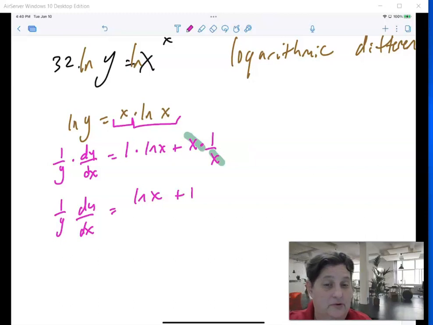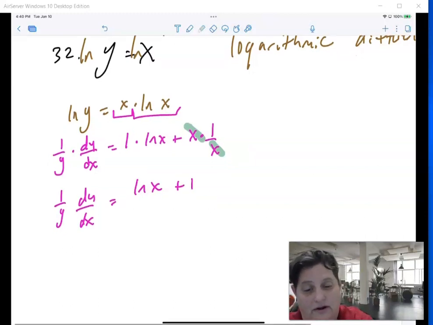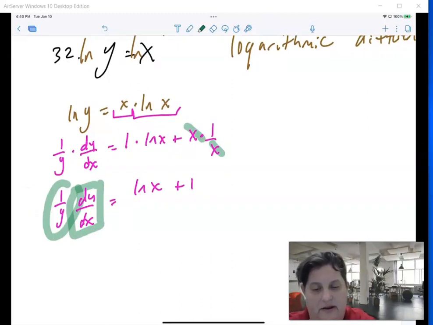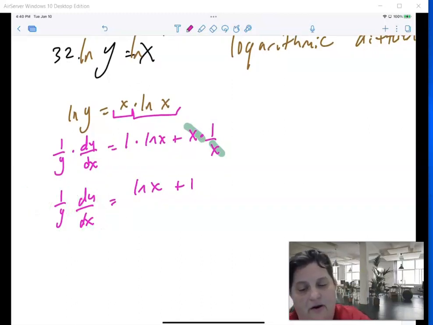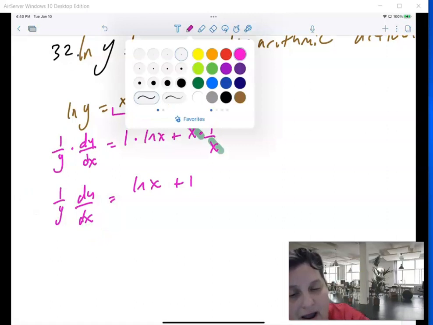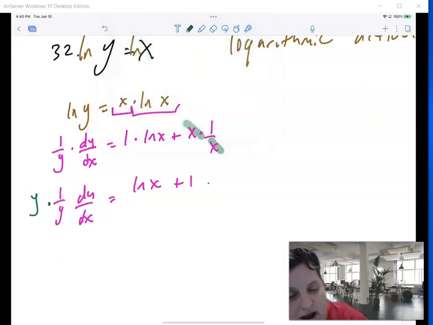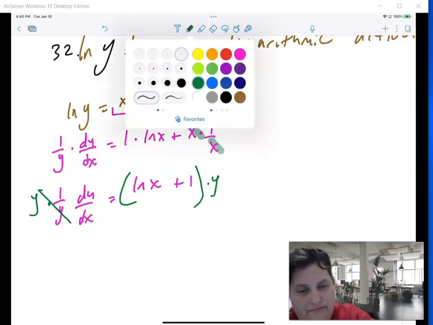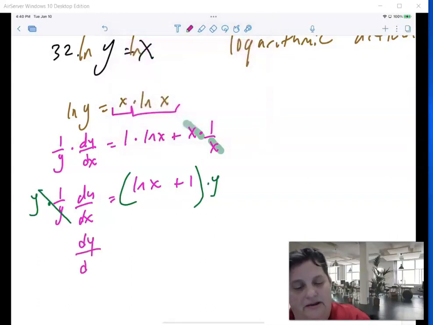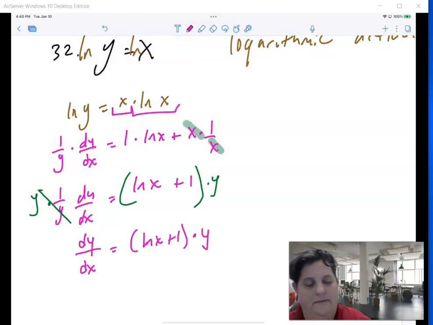Now that's cool, but I'm trying to solve for dy dx. I wanted to know what the derivative was, and I have that little thing there. That's kind of annoying, right? So how do I get that out of there? Well, I multiply y on the other side. You guys see that? So dy dx is the ln of x plus 1 times y.